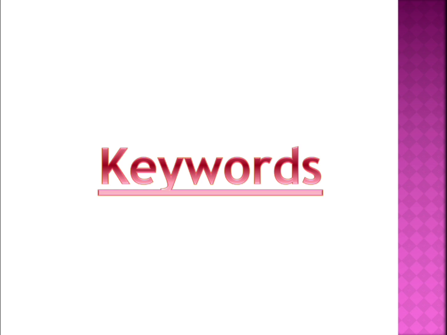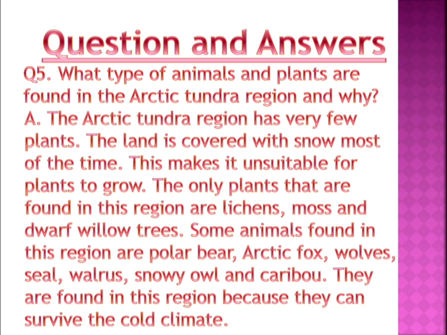Now, coming to your question answers. What type of animals and plants are found in the Arctic Tundra region and why? Here we can see only few plants and few animals. Why do we see only few plants? Because the land is covered with snow almost all the time, and this makes it unsuitable to grow plants. So here we can see very few plants like lichens, mosses, and dwarf willow trees.